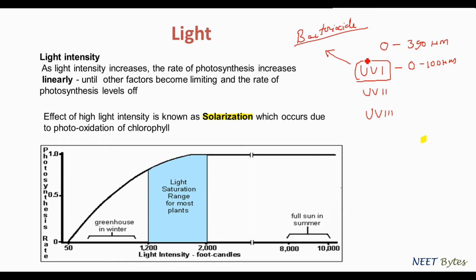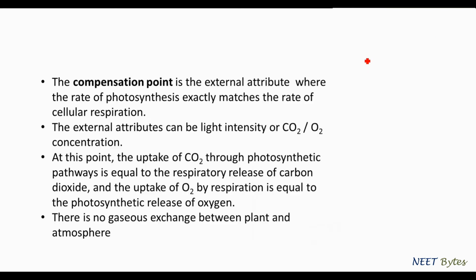That light is emitting UV1, so naturally it is going to kill the bacteria. But UV2 and UV3 actually promote bacterial photosynthesis. So in the case of UV rays, the bacteria are going to photosynthesize, as well as in the case of IR, the bacteria are going to photosynthesize, right? So these are the things as far as light is concerned.